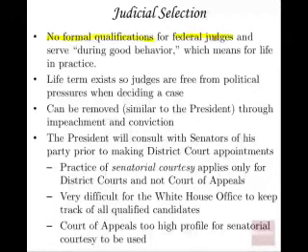Now, can you be a naturalized citizen? Absolutely. I don't think there'd be any issue. But again, most qualifications that Supreme Court justices or federal justices are going to have are informal rather than formal in nature.